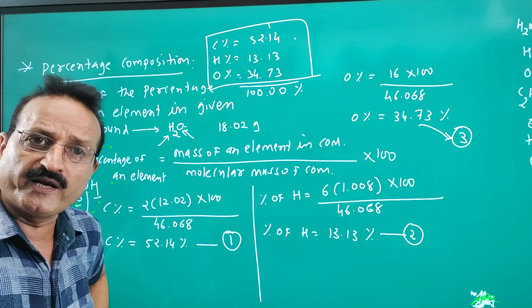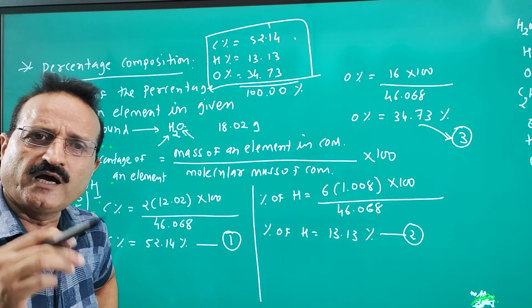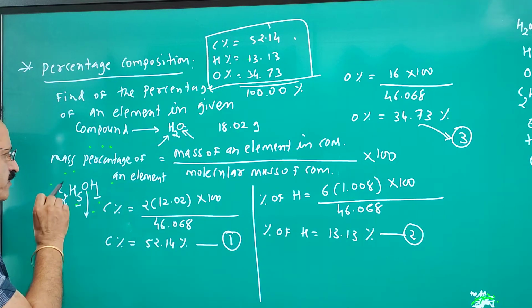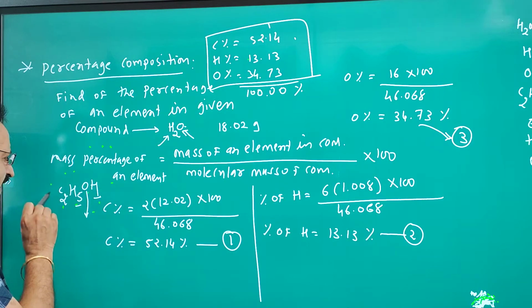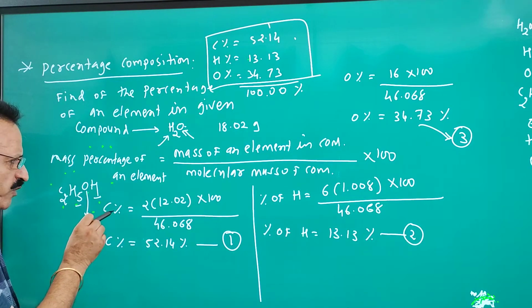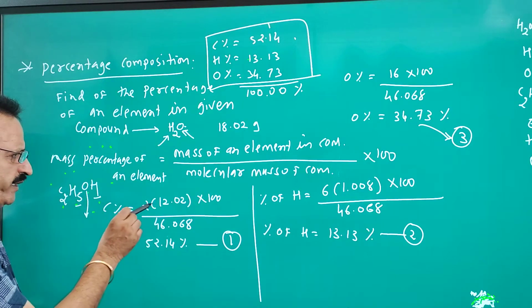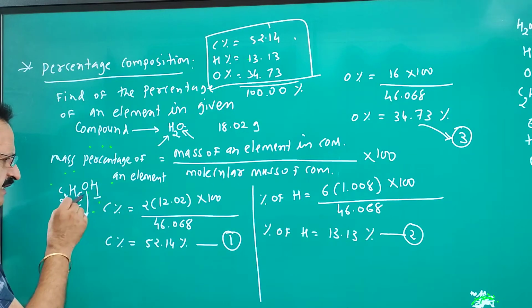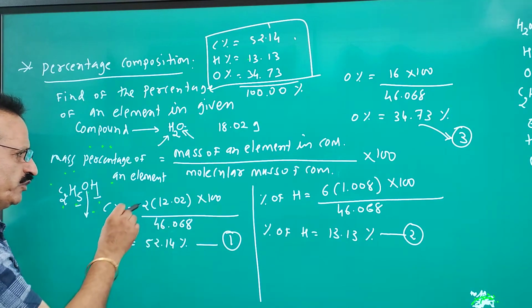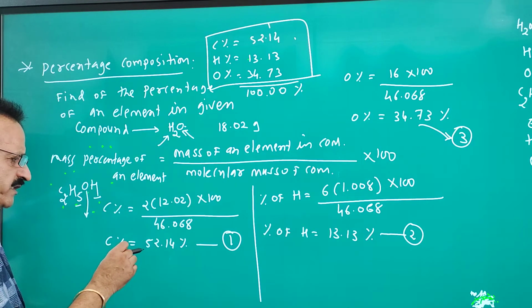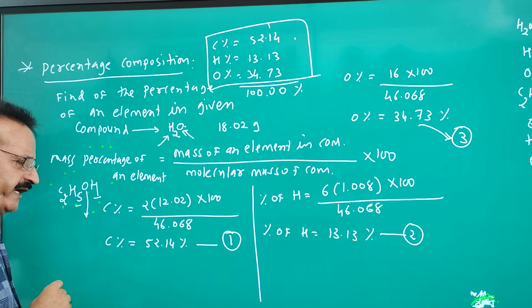Again repeating, don't worry, sums are very easy. Suppose you are asked to find the mass percentage of hydrogen, carbon and oxygen in ethanol. For the percentage of carbon, there are 2 carbons, so 2 into 12.01 into 100 upon the molecular mass of ethanol, 46.068. You get the percentage of carbon 52.14.